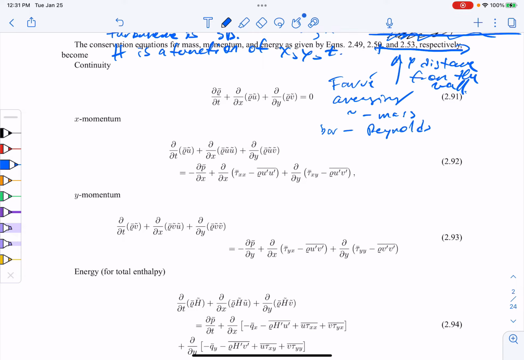And so we have our continuity equation, and you'll see now I've dropped the indices. So I'm going to just write out the whole equation like I've done in 291. So I have partial rho bar partial t, plus partial x of rho bar u tilde, plus partial y of rho bar v tilde is 0. No indices.